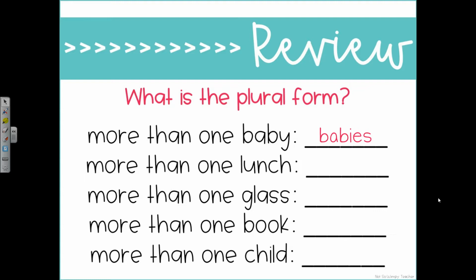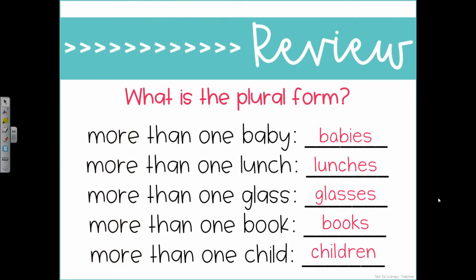So we can't just add an S, we have to make it lunches and add ES. More than one glass, glasses. If it ends with an S, you also have to add ES. More than one book, that one's regular as can be, just add an S, books. And finally, here's that irregular one, more than one child, it's children.